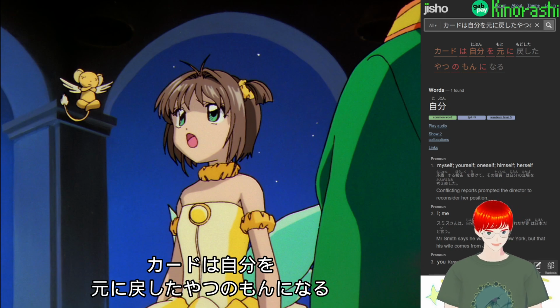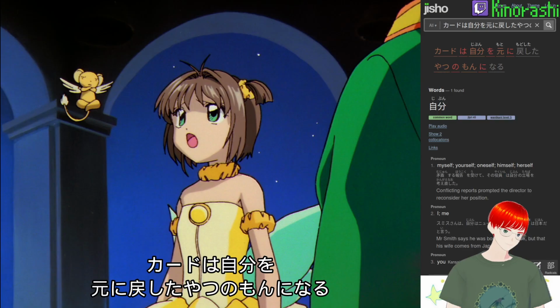The speaker is effectively quoting the card's condition, stating the rule from the card's perspective: the card will belong to the one who returned it to the normal. If the speaker were referring to the card objectively as a third party, they would typically use sore or kado instead of jibun. By using jibun, the speaker implies the card has agency or a will, and the condition is defined by the card's own restoration.